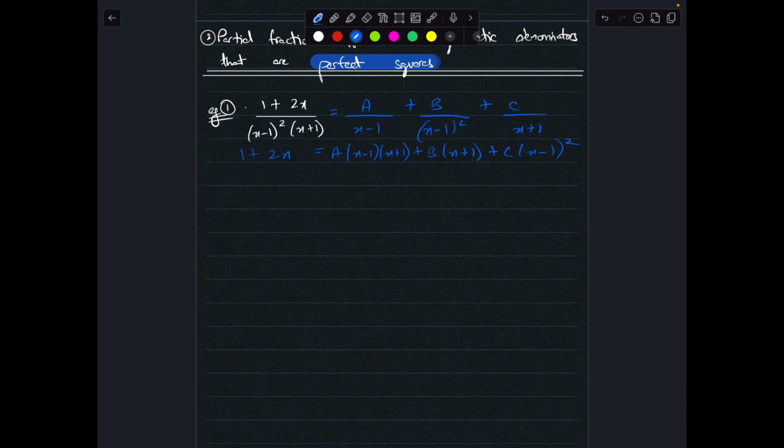Now let's start by taking x as 1. So this cancels out. So 1 plus 2 into 1 is equals to b into 1 plus 1. So 2b is equals to 3 and b turns out to be 3 over 2.